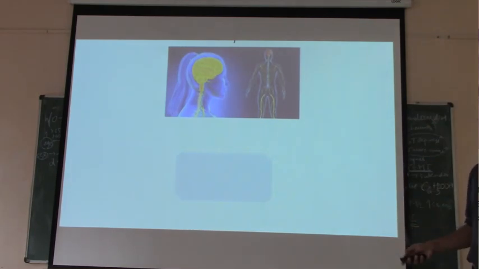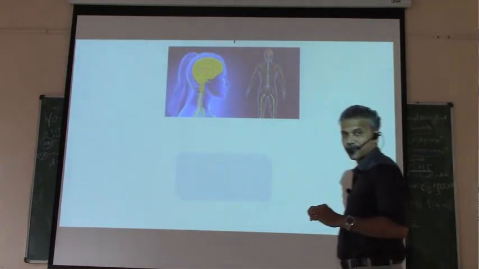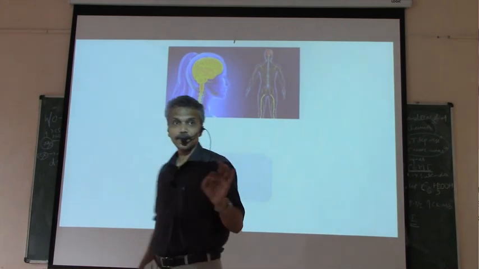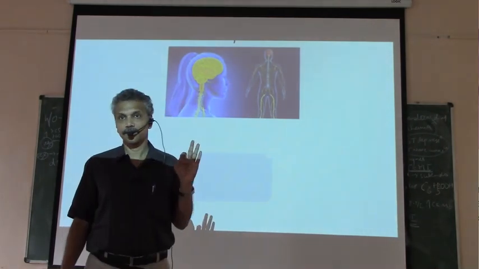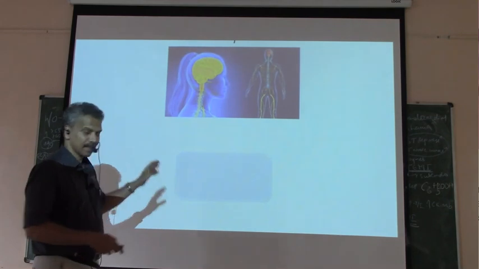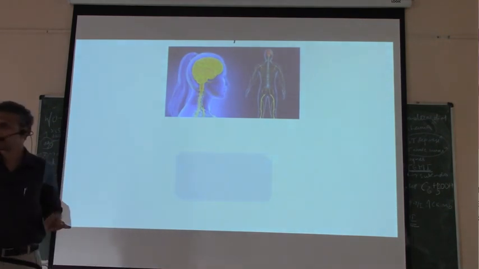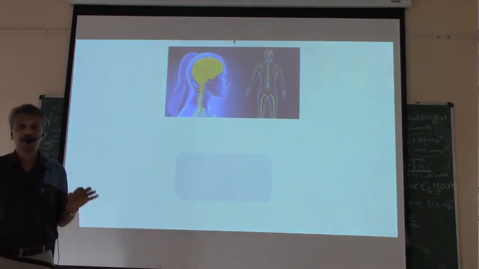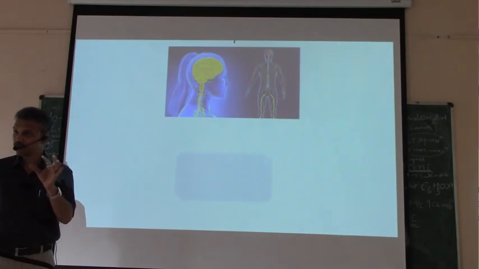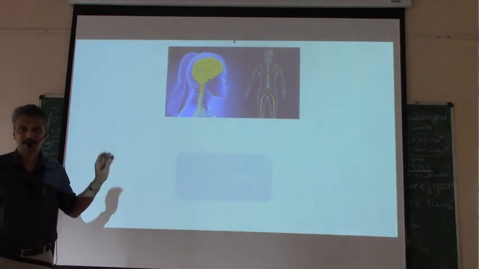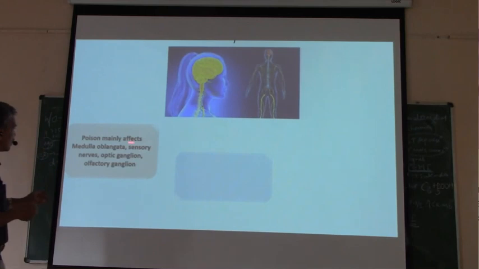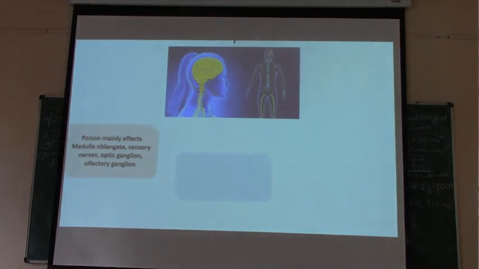The first area in majority of the snakes we see is it affects the cerebrospinal system. Correct? Now, I was reading Burt's Physiological Materia Medica by Dr. William Burt. Beautiful book to understand pathogenesis. Now, Dr. Burt says it mainly affects the medulla oblongata.